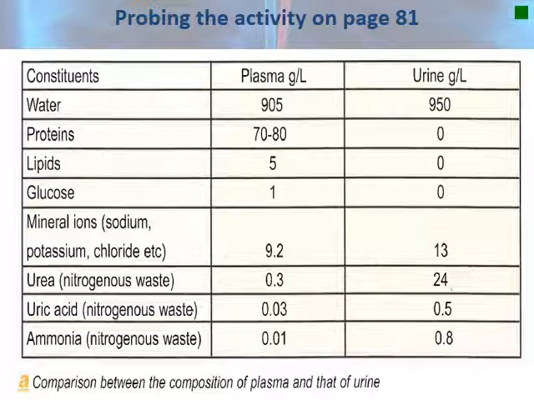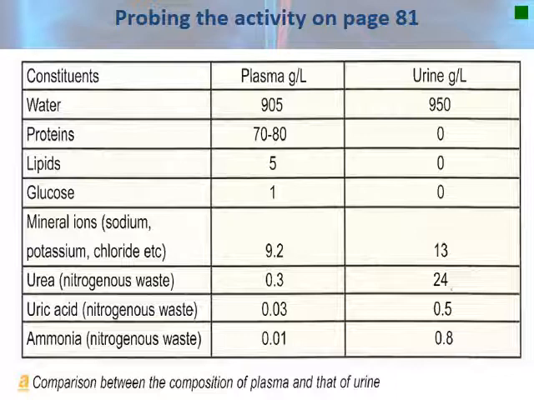Mineral ions, 9.2 in plasma, while they are 13 in the urine. Urea, 0.3, while it's 24 grams per liter in the urine. It's greater than. Uric acid is 0.03, which is less than the amount of uric acid, which is nitrogenous waste, in the urine. Ammonia 0.01 in the plasma, which is less than that in the urine.